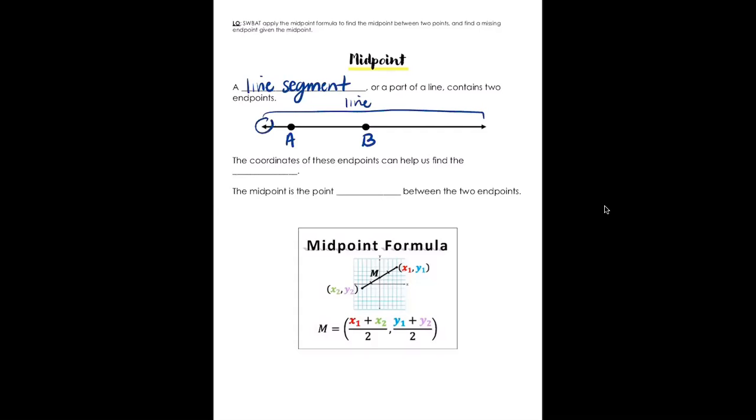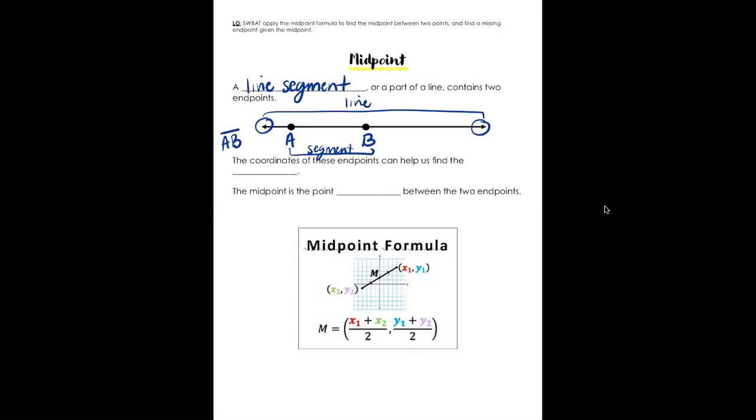Remember that a line goes infinitely in both directions. Now the segment is bounded by 2 endpoints. That's a line segment. It's a piece of the line. We're going to call that line segment AB. And you denote that it's a line segment by putting a little line segment on top, okay?